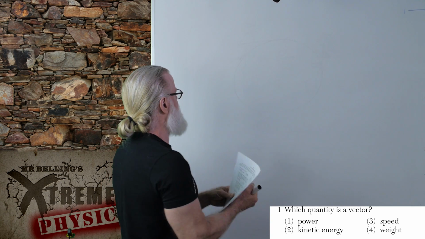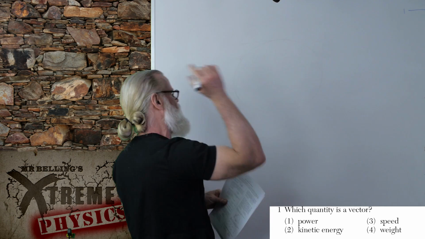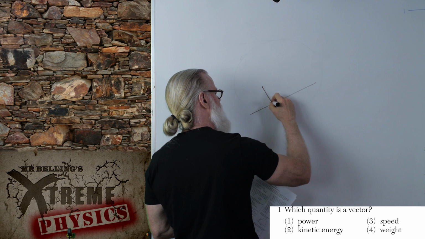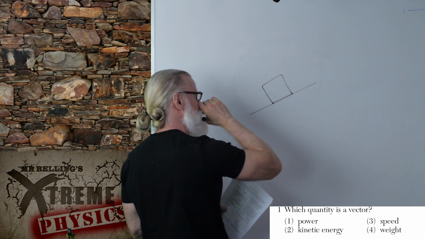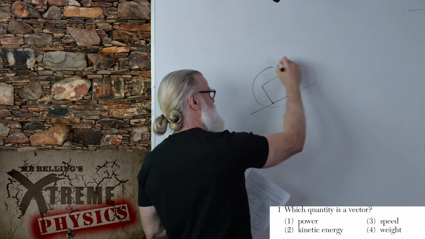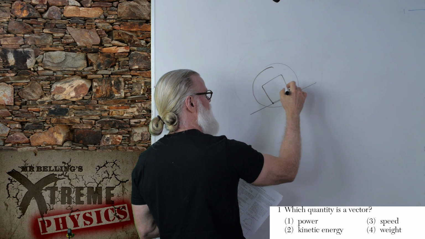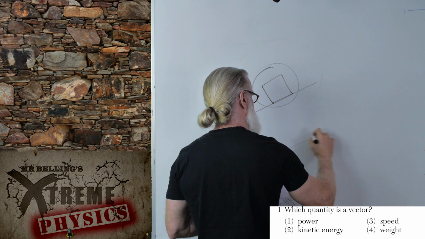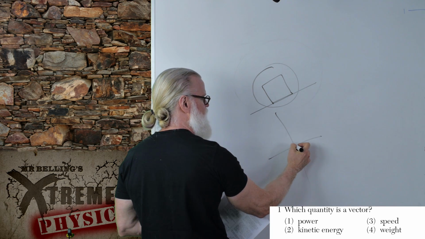Weight, of course. When do we ever see weight? We see that with our free body diagrams. A lot of times we may have something on an inclined plane, and we circle the object of interest, and we draw our vectors. What's in contact with this?